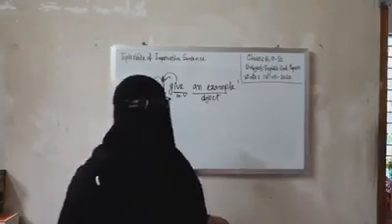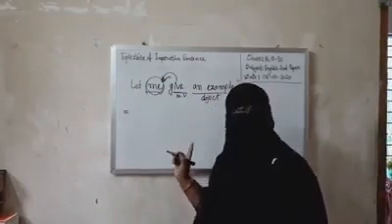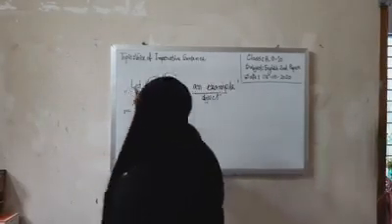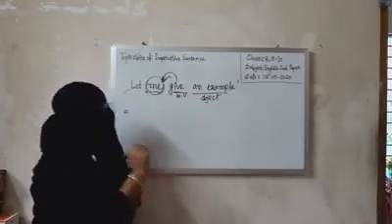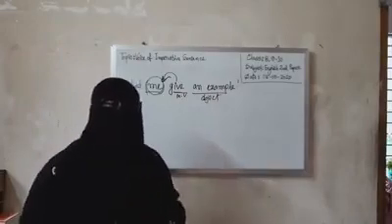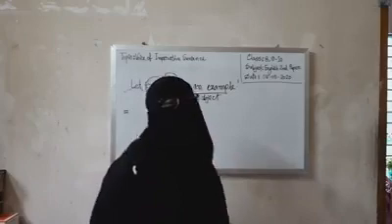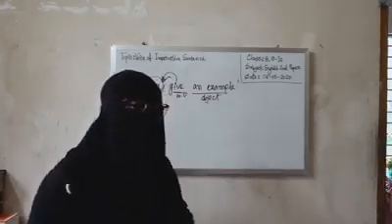And whenever we find personal objects just before the main verb, how can we change this sentence into passive? Can you guess how can we change this sentence into passive?